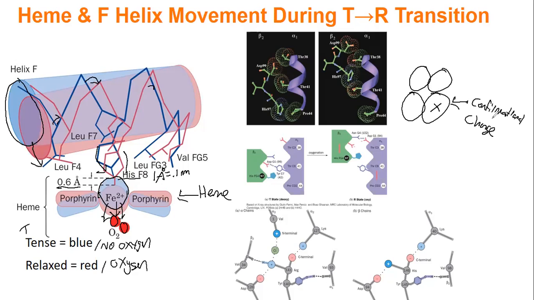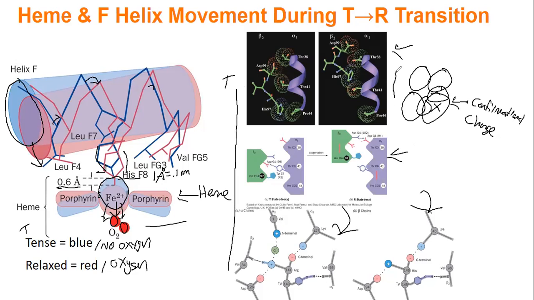That is, the amino acids will move as shown here. And all the connections shift, and that's what we're showing in this picture. So here on the left, this is the T state. Here on the right, this is the R state, right? Before and after oxygen binding.